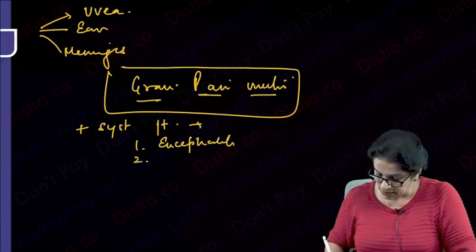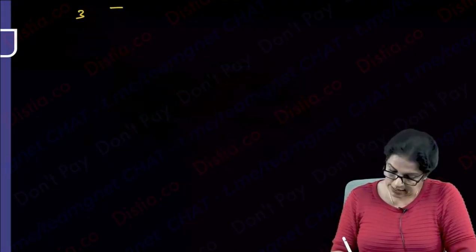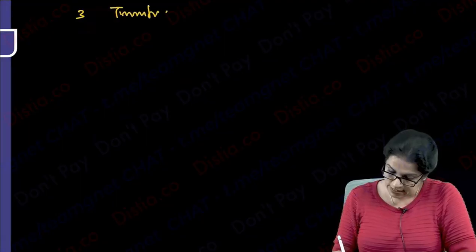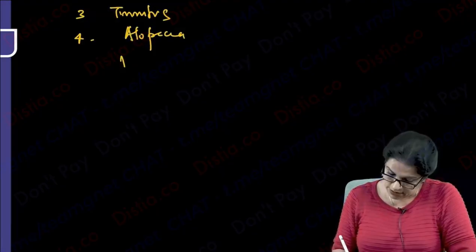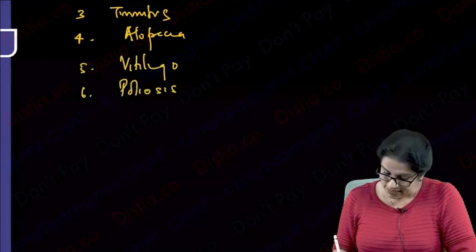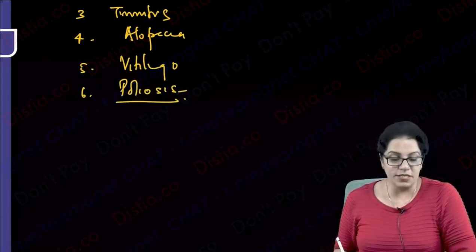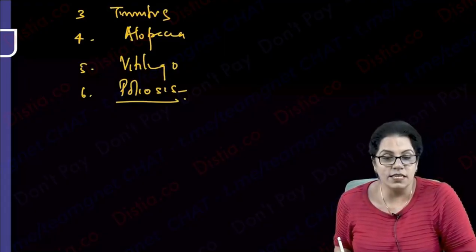There can be vestibular dysfunction, then tinnitus, alopecia, vitiligo, and poliosis. What is poliosis? Graying of eyelashes. So these are the other features that you will see in these patients.